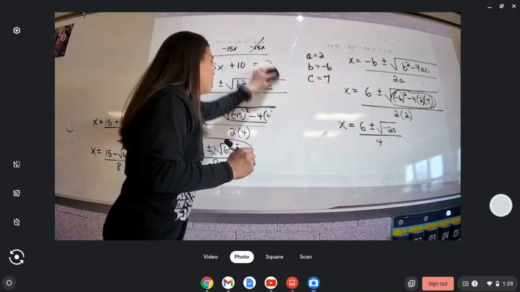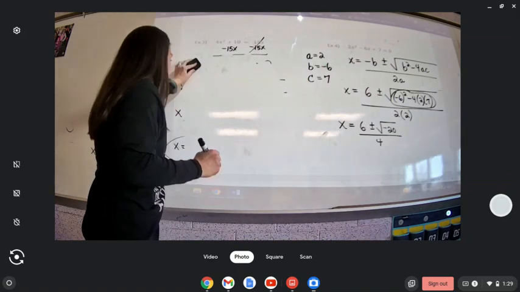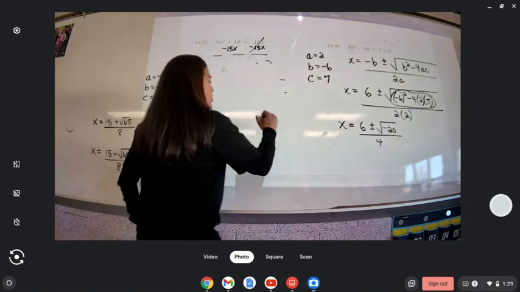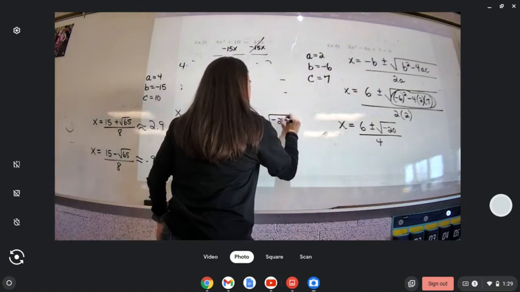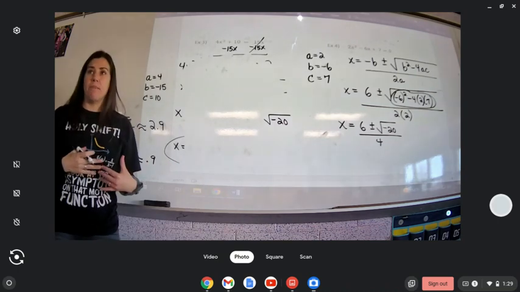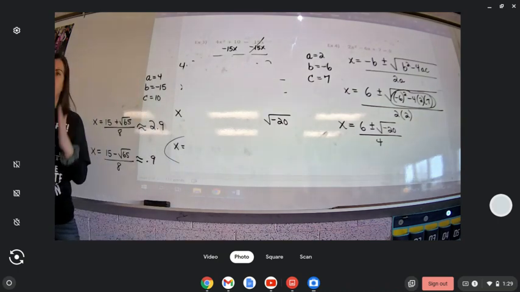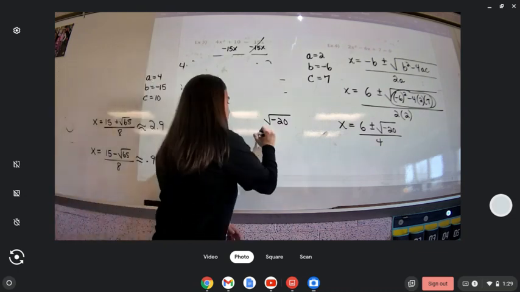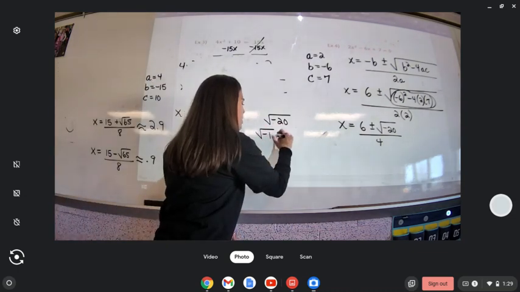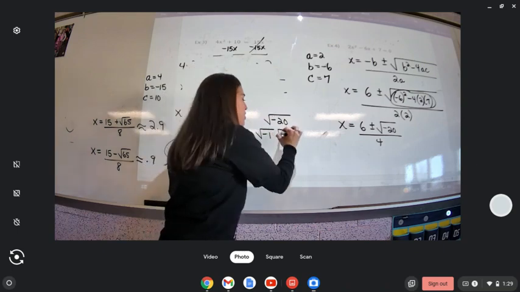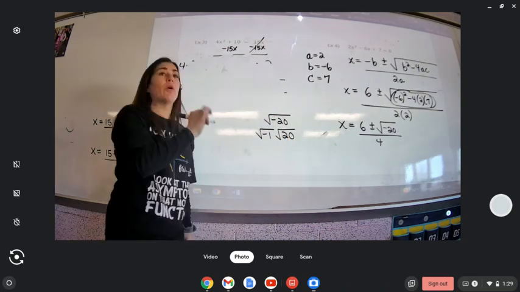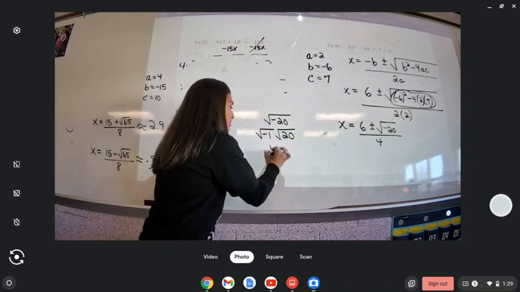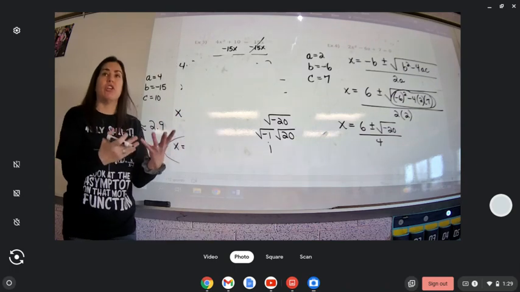So what you have to do, at the very least, everybody has to take the square root of -20 off to the side, and we have to fix it. What is always the first thing you factor out of a negative square root? -1. So we're going to break it up into the square root of -1 times the square root of +20. Who is the square root of -1? All right, that's showing us that we now have an imaginary solution.